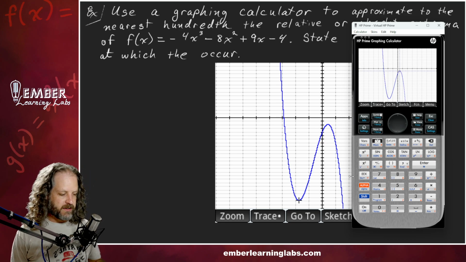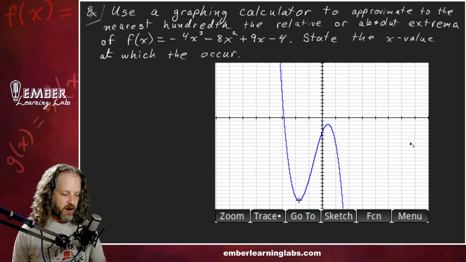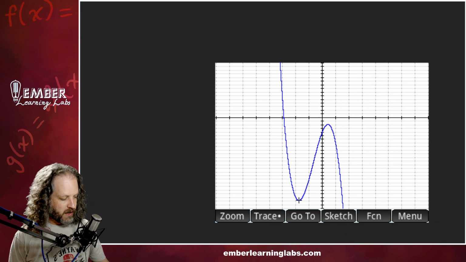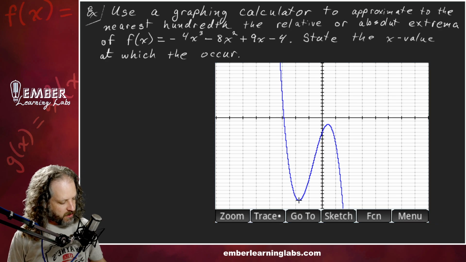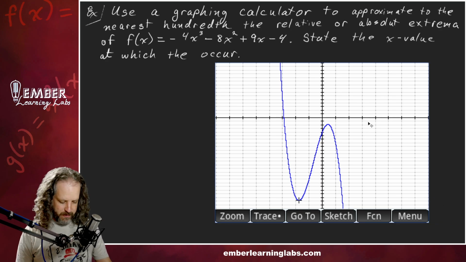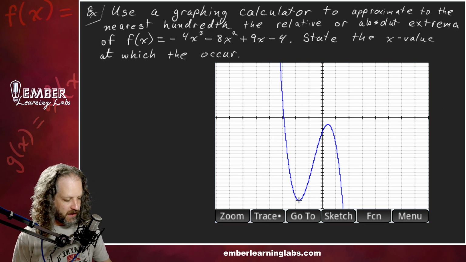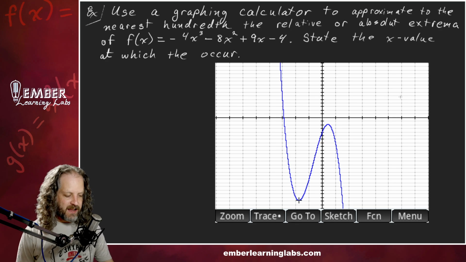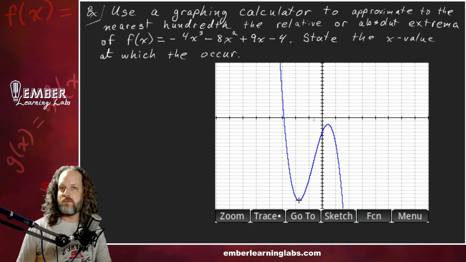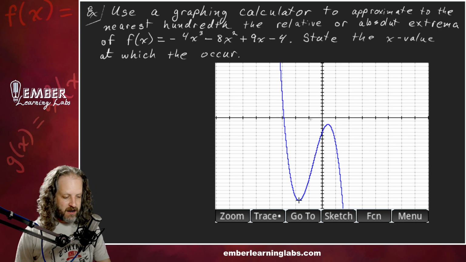So I'm going to describe on this picture what you're going to end up doing. There's going to be a button, probably in a calc menu or something along those lines, that says maximum or minimum. You click that, and it'll bring up a dotted cursor on the screen.